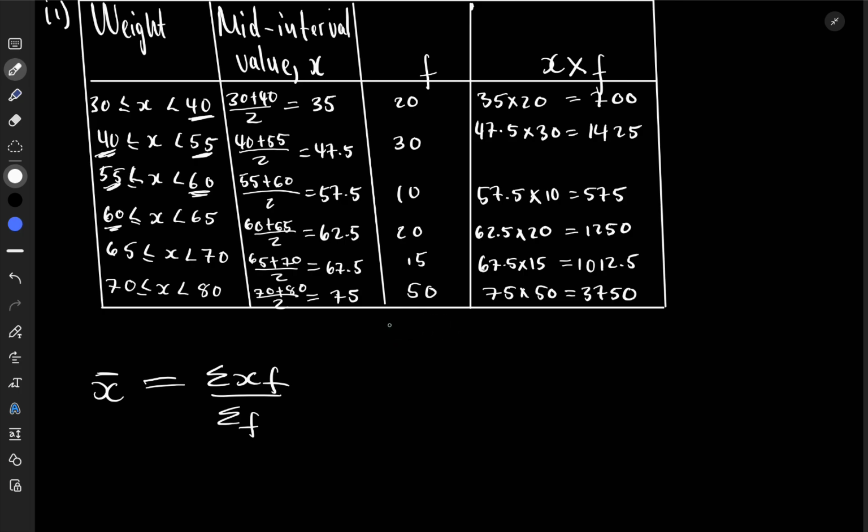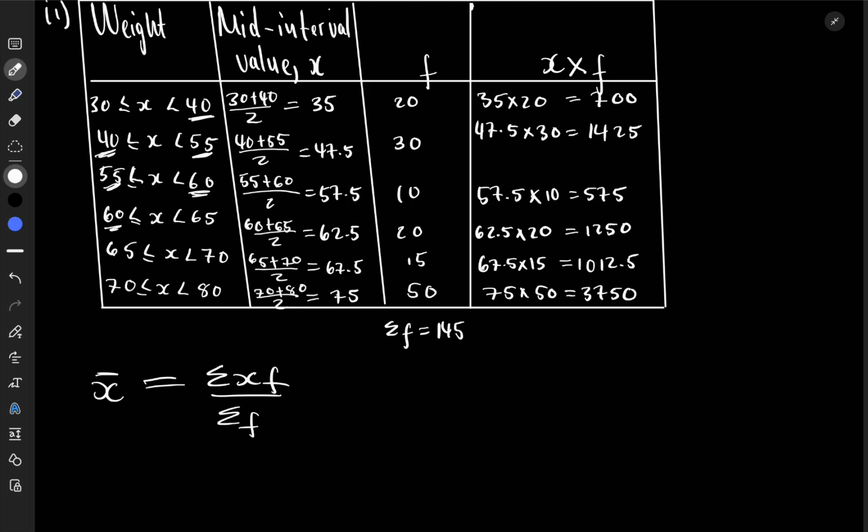Now, what are we going to say? It's going to be 20 plus 30 plus 10 plus 20 plus 15 plus 50. You get 145, right? I don't know if I made a mistake, but I reckon not.